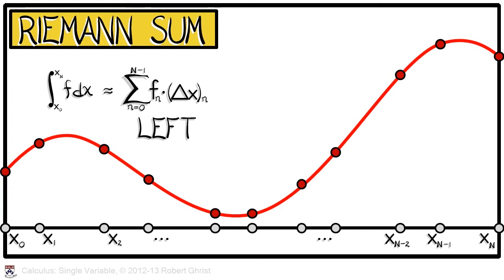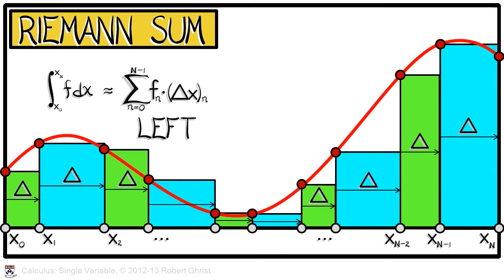We might call this the left Riemann sum, because if we take a partition starting with x naught and using the forward difference of our sequence x, then, of course, the sample point that we have chosen for this partition is the leftmost point.